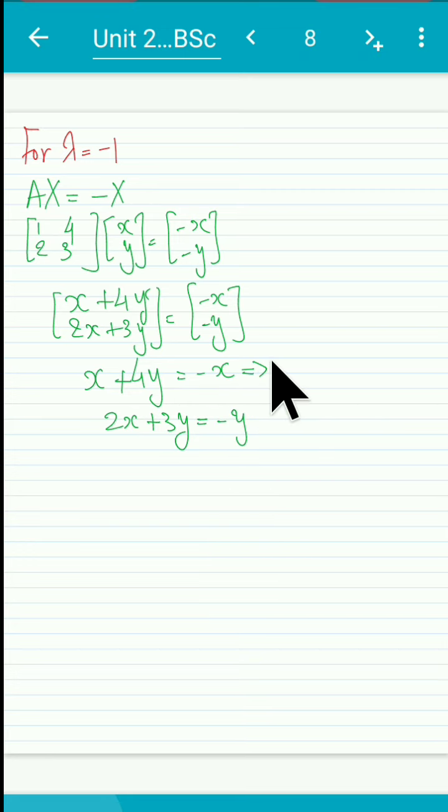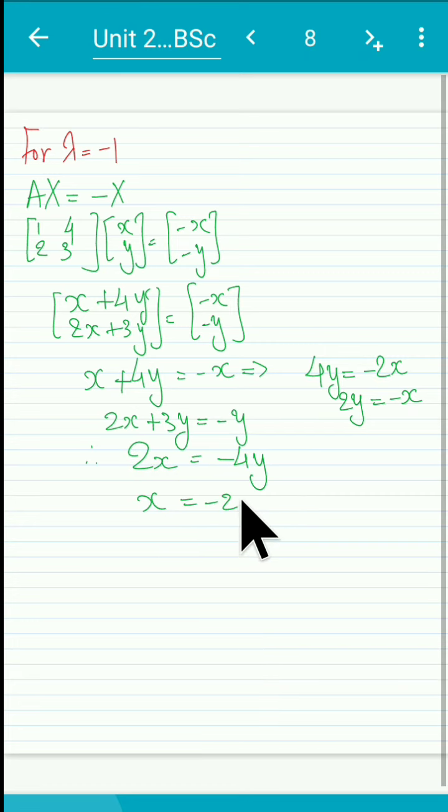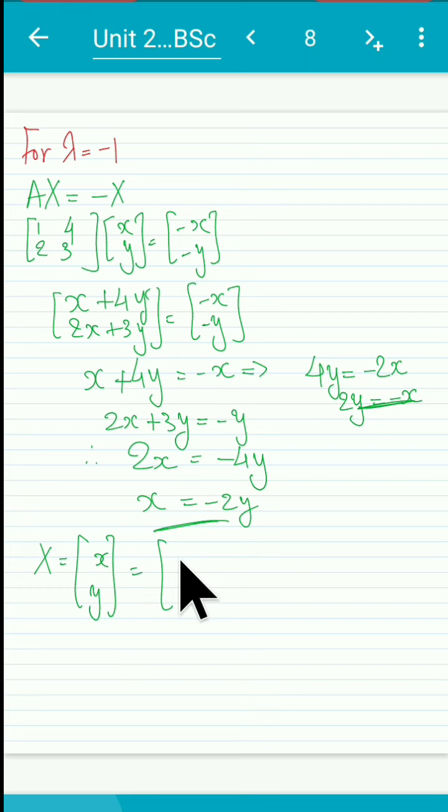From this I will get, this will go to the other side, so 4y is equal to minus 2x. So my 2y is equal to minus x. From the other, this goes to the other side, so I will get 2x is equal to minus 4y. So x is equal to minus 2y. So from both I am getting the same equation. My vector was (x, y), that now becomes (minus 2y, y).